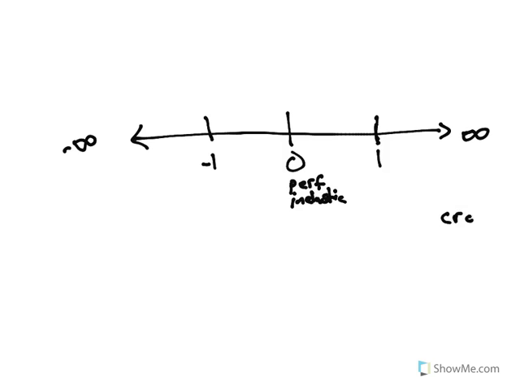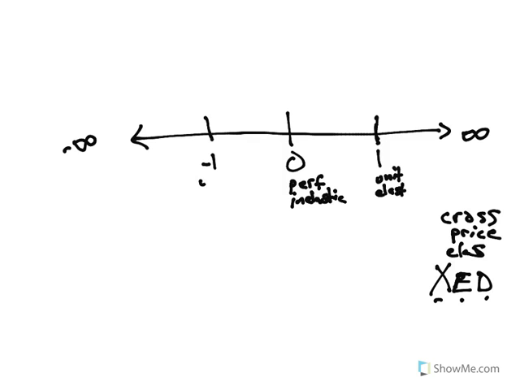This is a cross-price elasticity. And for unknown reasons, XED is sometimes used to stand for cross-price elasticity of demand. So if you got a 0, that's perfectly inelastic. Our 1s are unit elastic.